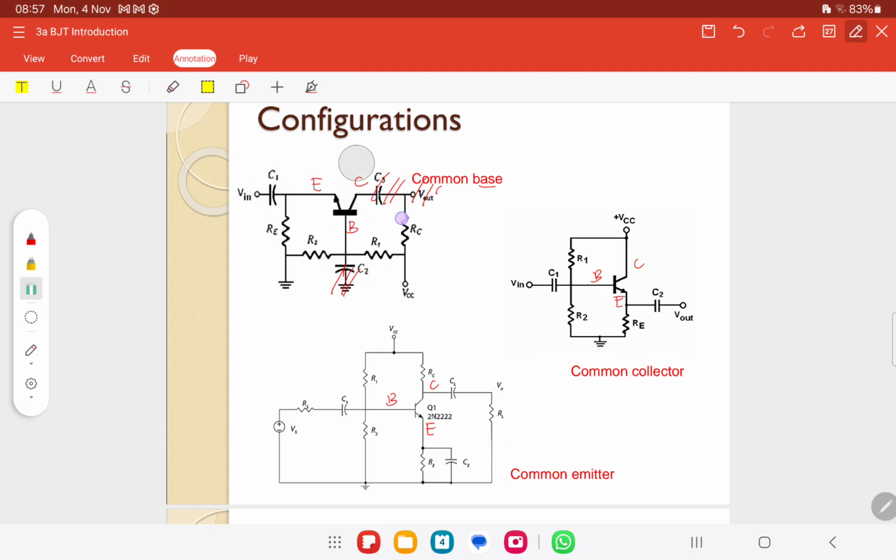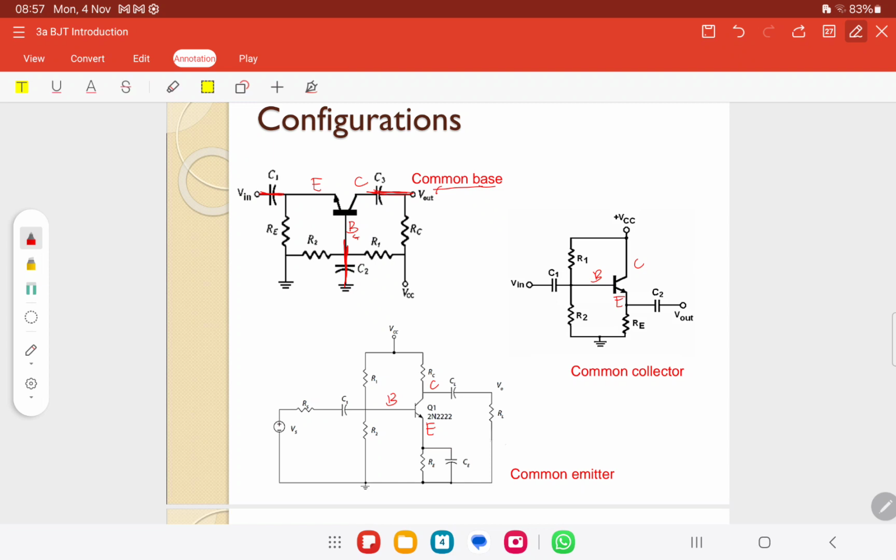If AC analysis, the capacitor will short. Okay, if the capacitor shorts, it considers the base connected to the ground. Okay, base connected to the ground, so this one is for common base.